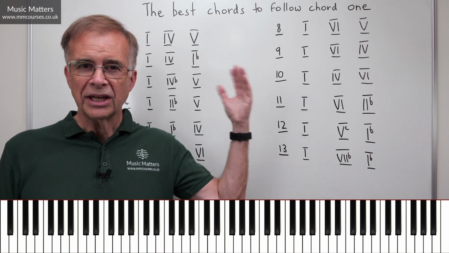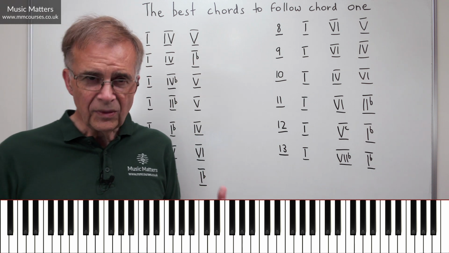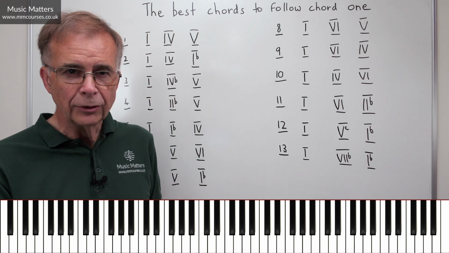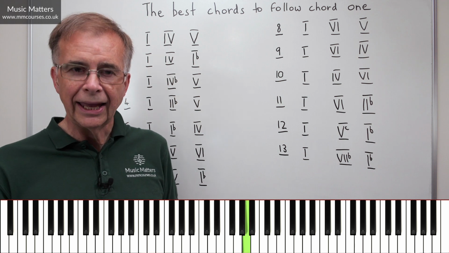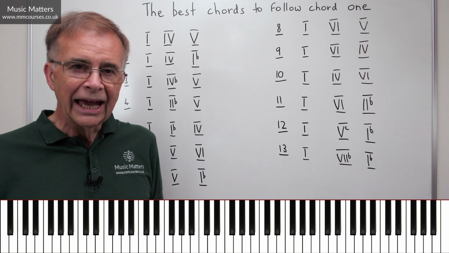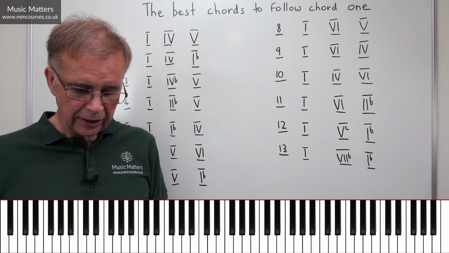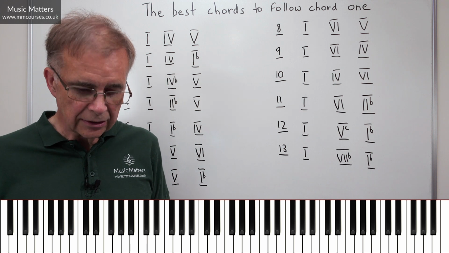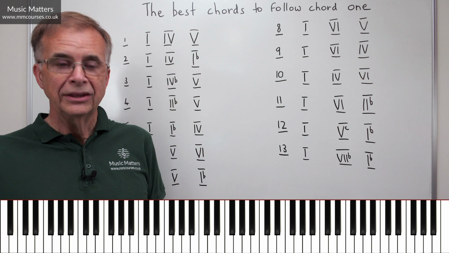So to understand the chord system that you can see notated on the board here, in C major, the scale goes like this: C, D, E, F, G, A, B, C. And if we want to form chords on each note of the scale, each degree of the scale as we call it, we put the note with the third and the fifth above it.